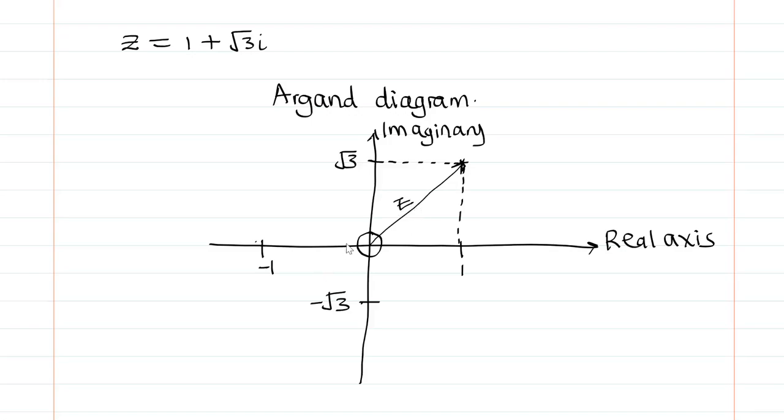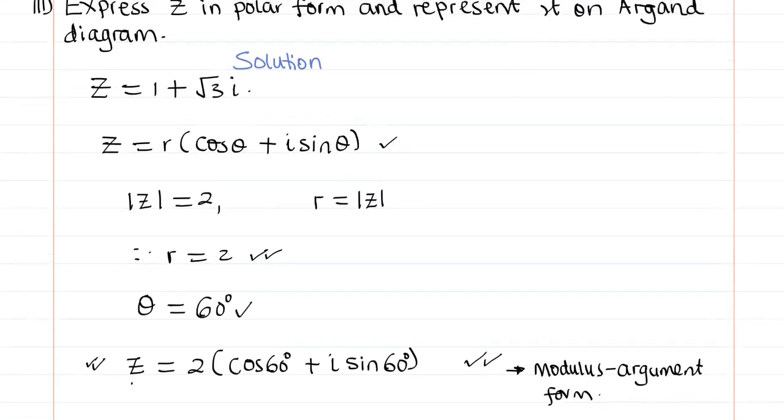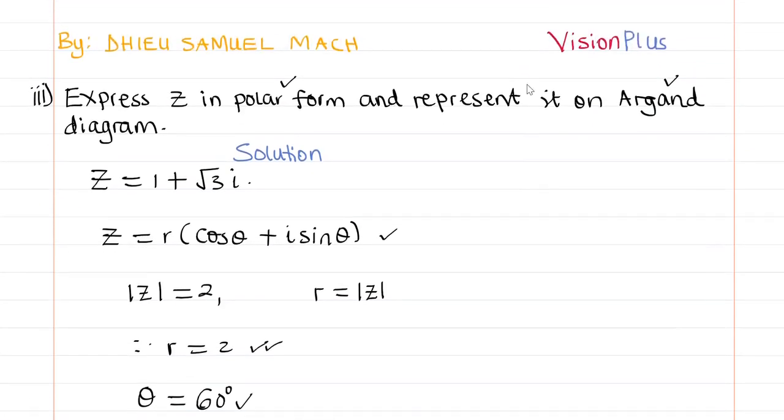What was our argument here? Our argument was 60 degrees. So this is the Argand diagram that was required in Roman 3. And this is the solution to the whole of number 11b and the end of question 11.